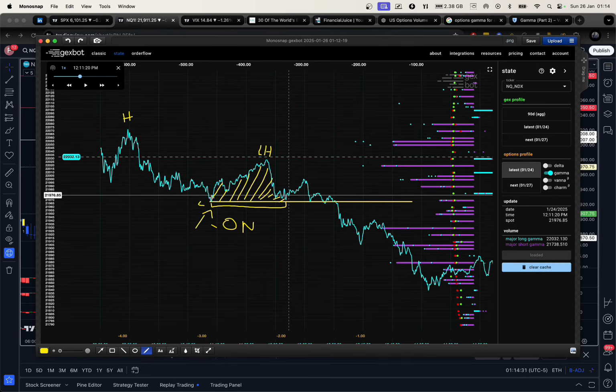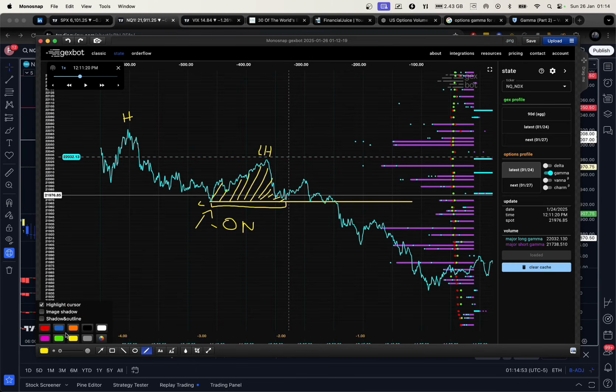So buyers were strong to reject the price, right? Sellers were pushing really hard to sell. They found support on this level, which is an important level, the overnight session. Buyers pushed the price higher, and then sellers stepped in again, right?